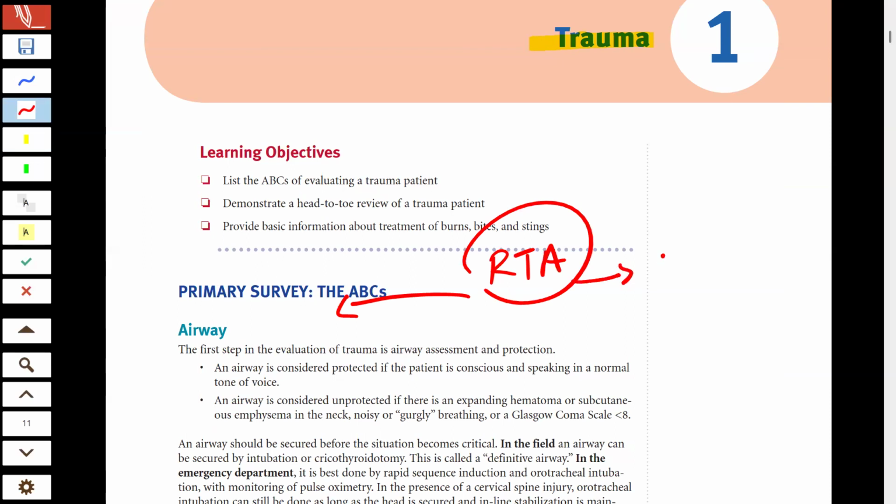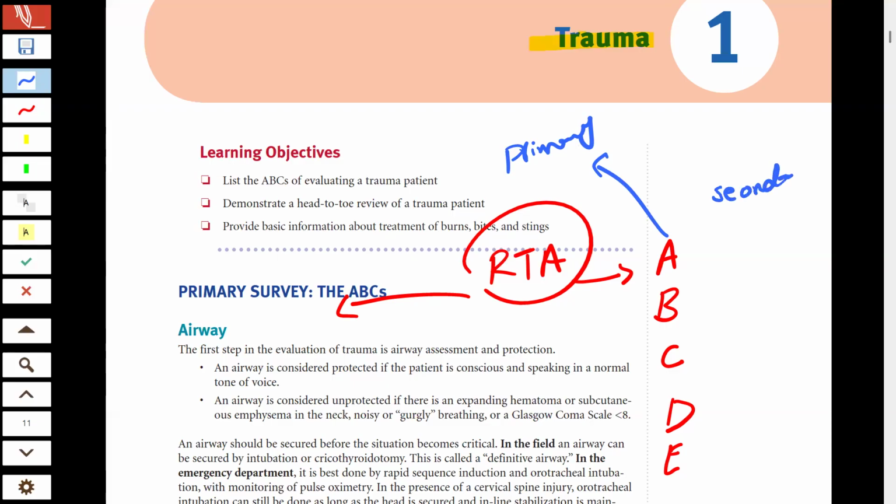Always consider A, B, C, D and E. This is the primary survey, and we also have the secondary survey. Later on we will discuss the secondary survey.